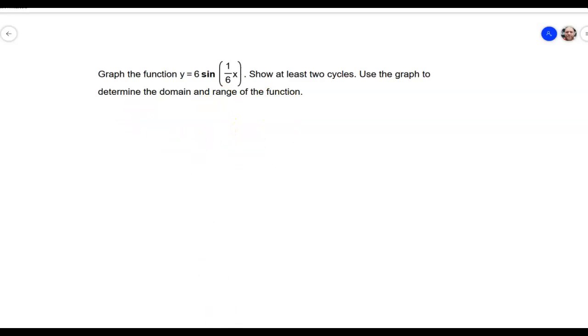So for this one, the first thing I want to do is look at the general form of this equation. y is equal to A times the sine of, and here I'm going to use omega x.